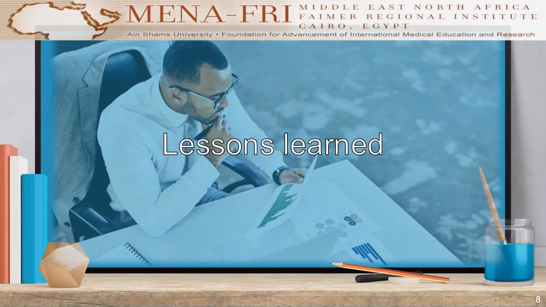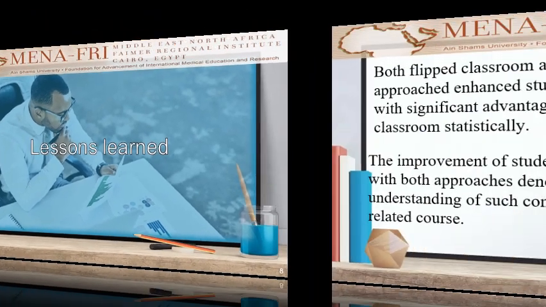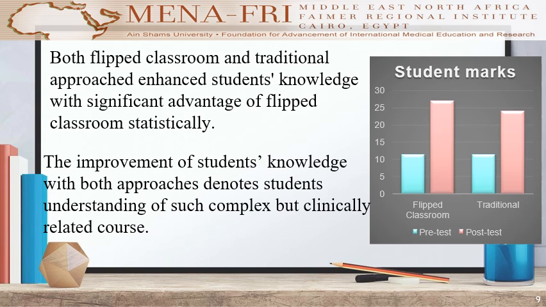Before we jump into the results, it is essential to note that both groups started with a similar baseline knowledge as reflected in the pre-test scores. Here comes the exciting part. Both the flipped and the traditional groups exhibited a significant increase in post-test marks.